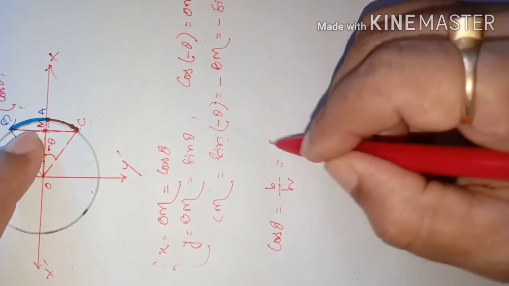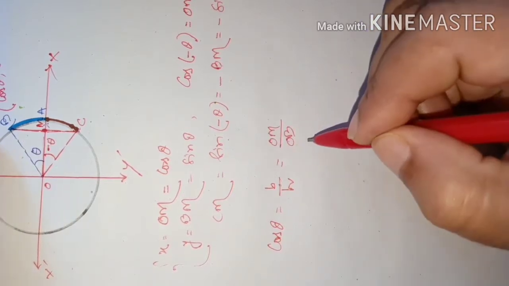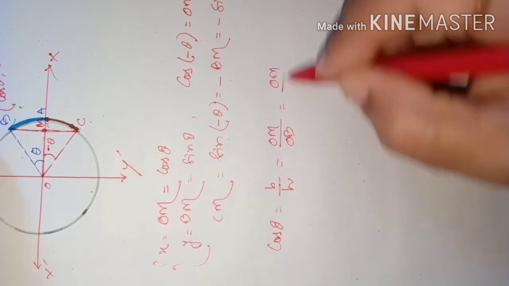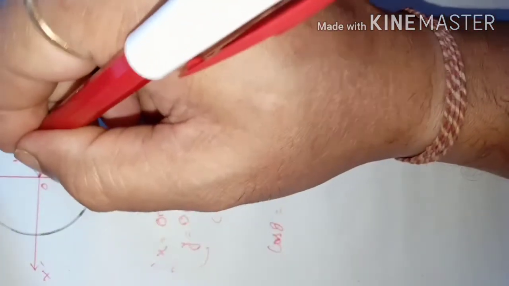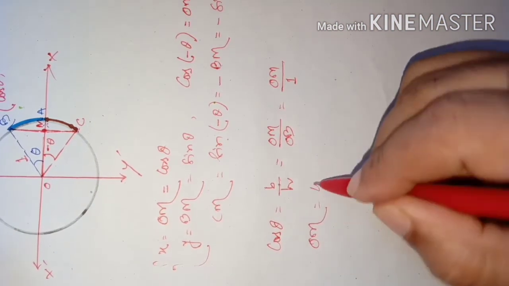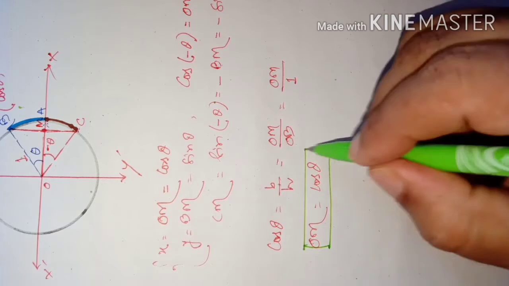Base is OM. Hypotenuse is OB, and OB is radius and the radius is 1 unit, as this is a unit circle. So OM by 1. So OM is equal to cos theta.